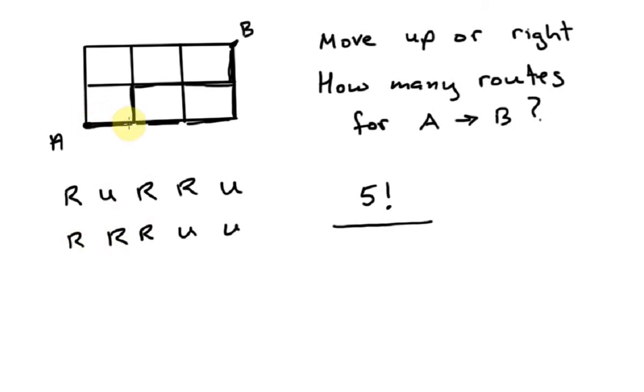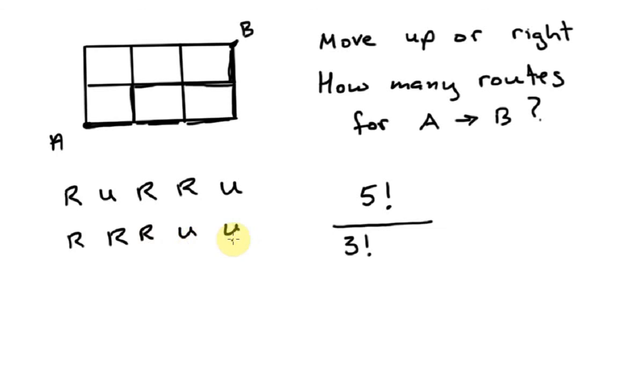So what we have here is essentially rewriting these 5 letters, and we don't want to count duplication. We don't want to rearrange, say, these 2 R's and count it as a different route. So I have to divide by 3 factorial for the 3 R's, the different ways there are to rearrange the 3 R's.